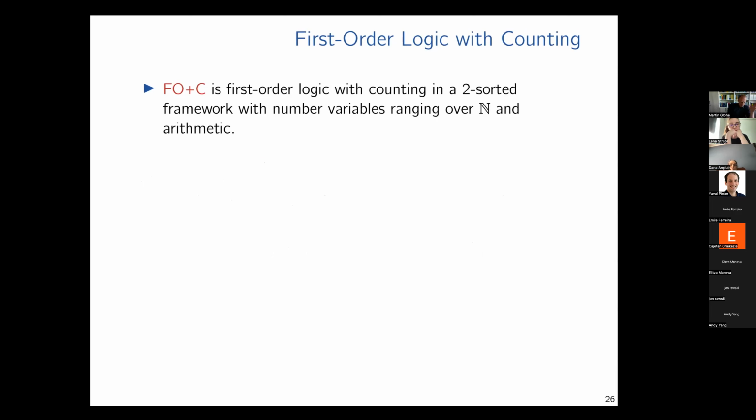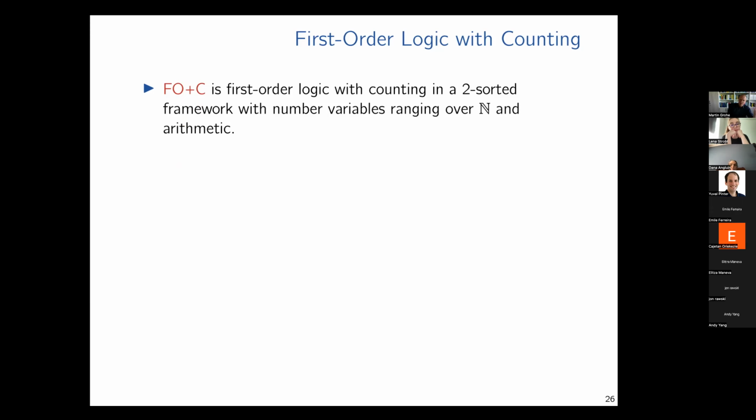Now, I also want to make the connection to logic. That's even a bit tighter towards the GNNs. So we look at another first order counting logic, FOC. And the difference to this logic C I looked at before is that here we also have variables ranging over numbers.